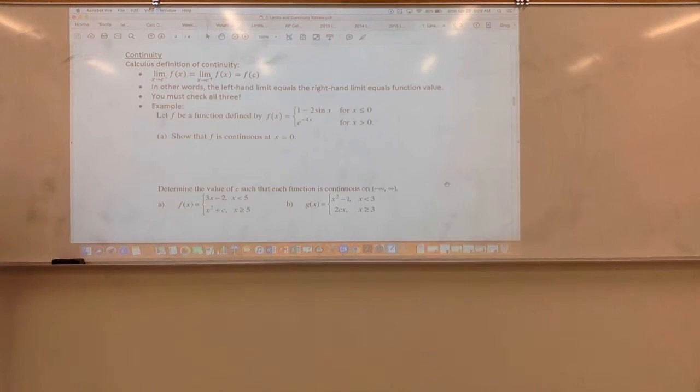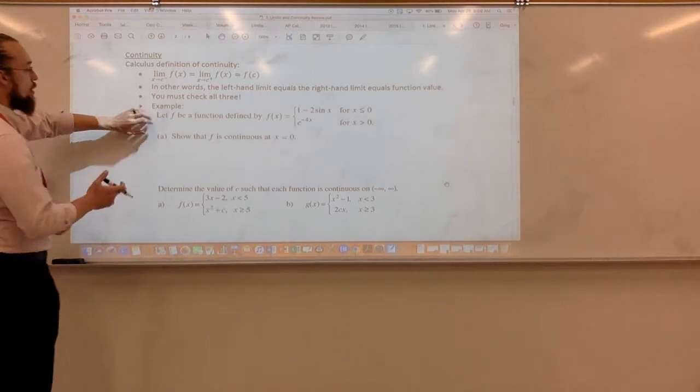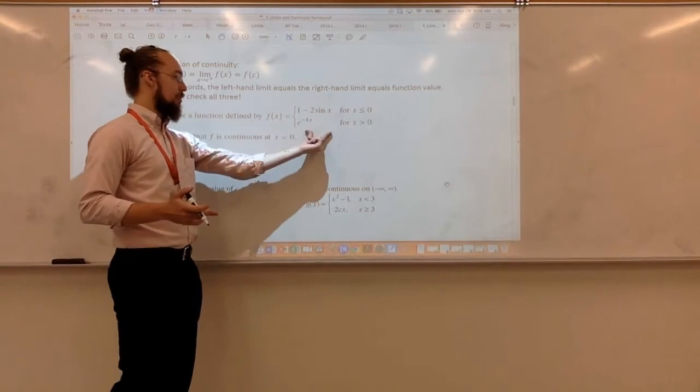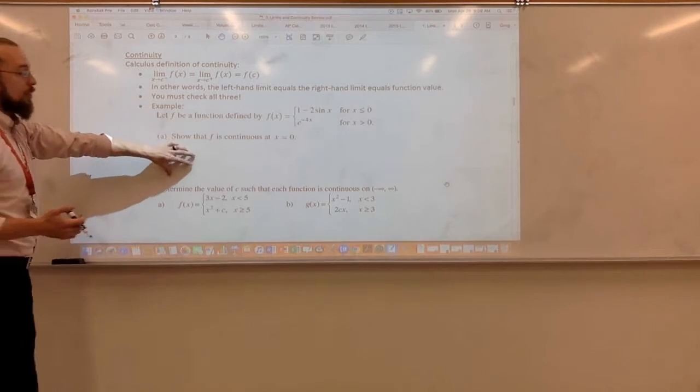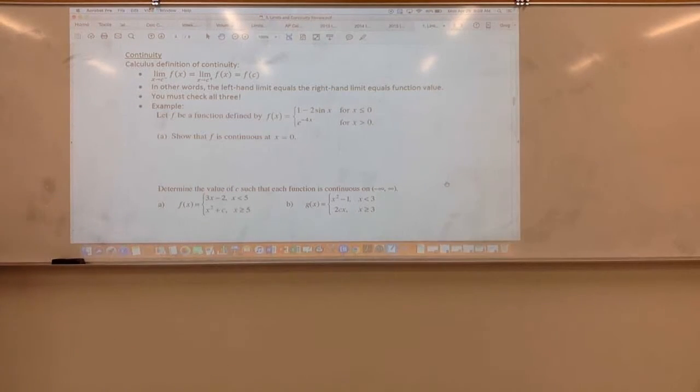If all three of those things equal the same value, then the function is continuous at that specific value. The most popular way for this to show up on the AP test is a piecewise function, like this example right here. We're defining f of x to be this piecewise function, and this was actually part of a free response question on the AP test. It says show that f is continuous at x equals 0.